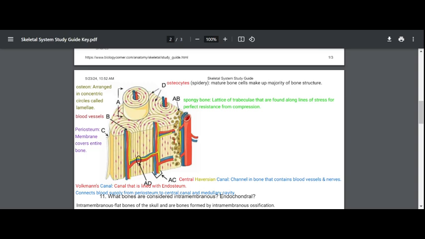AB shows spongy bone. Okay, so all of this right here is the spongy bone. And spongy bone is the lattice of trabeculae that are found along lines of stress for perfect resistance from compression.